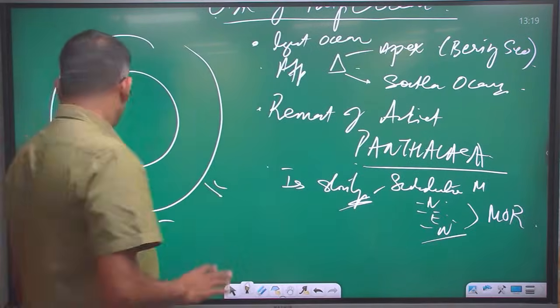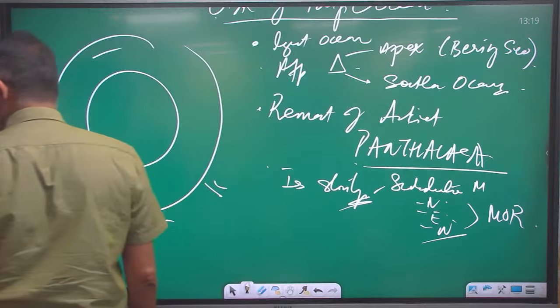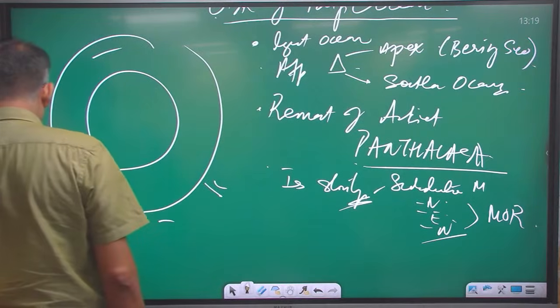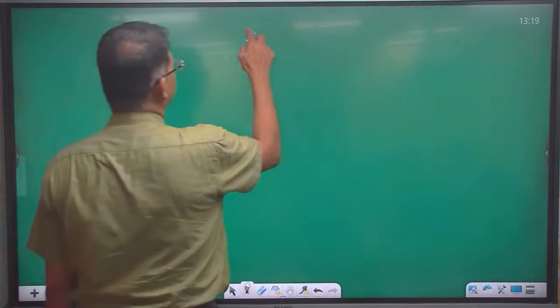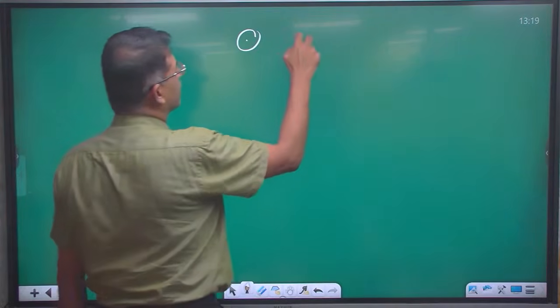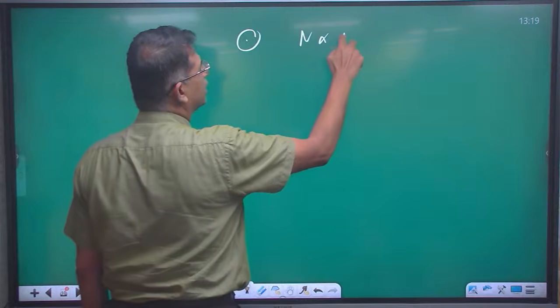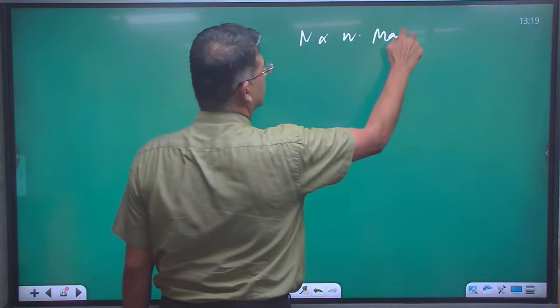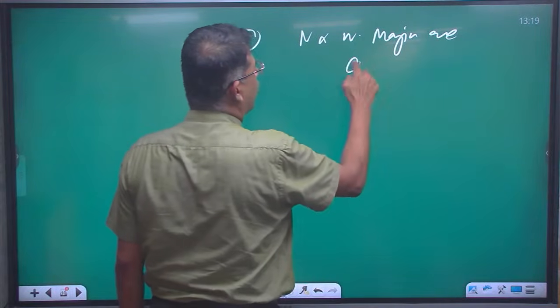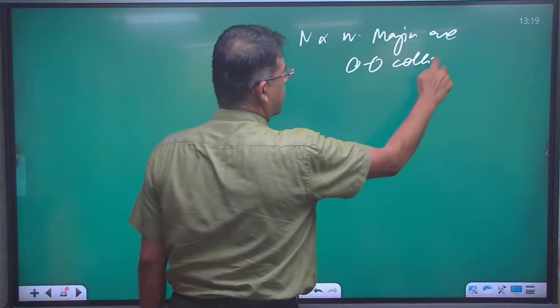Okay? The next fact, online, please keep pace with me. The next point: the northern and western margins are OO collision margins.